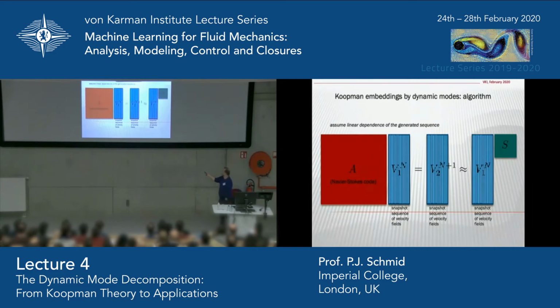Okay? So if you leave out the middle part here, then you say, this is my high-dimensional operator A, that moves a bunch of snapshots over one time step. And expressed in that basis, if that one is rich enough to express all the action of A, it should be captured by the basis itself.